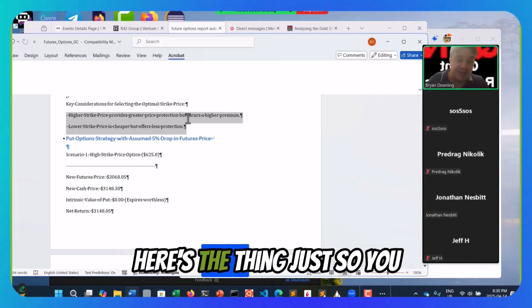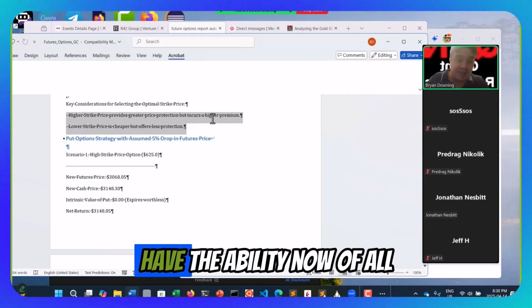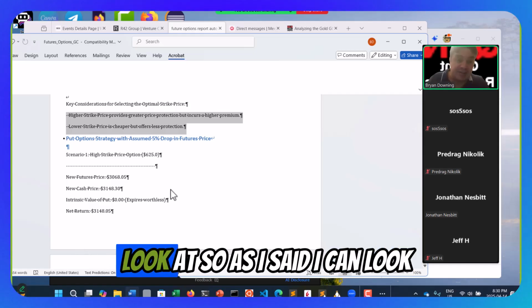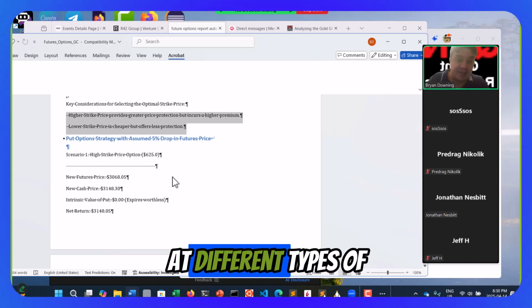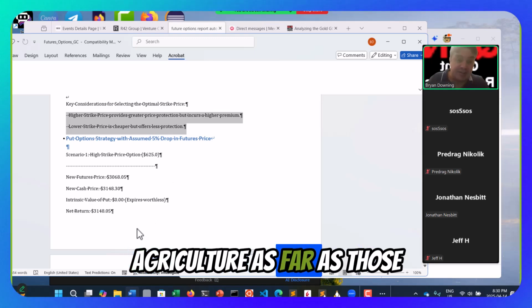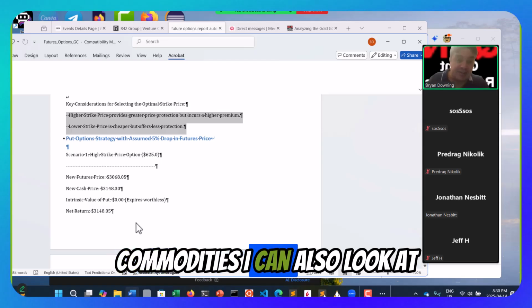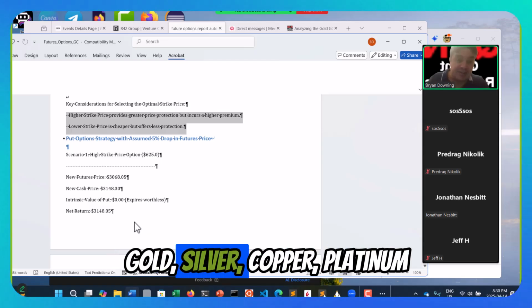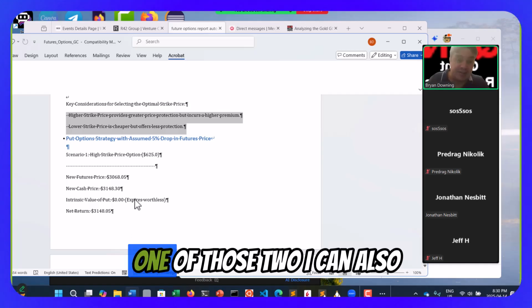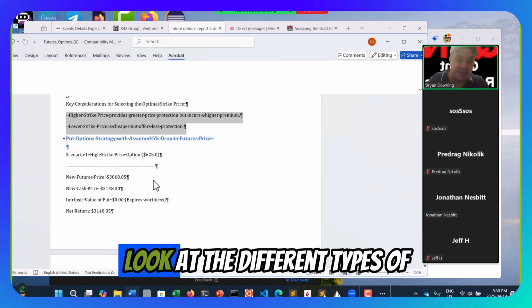But here's the thing, just so you know, I have the ability now to look at all these different contracts. As I said, I can look at different types of commodities. I can look at agriculture as part of those commodities. I can also look at gold, silver, copper, platinum, or palladium, one of those two.